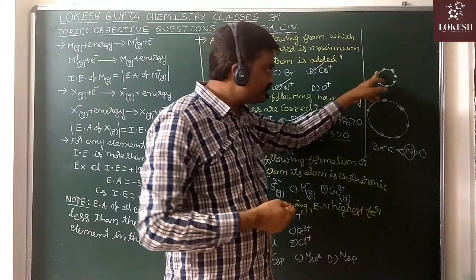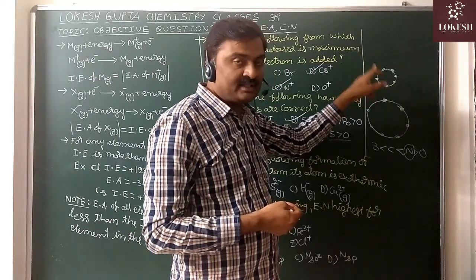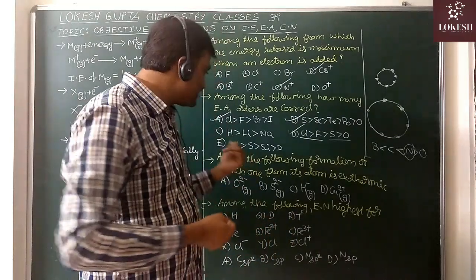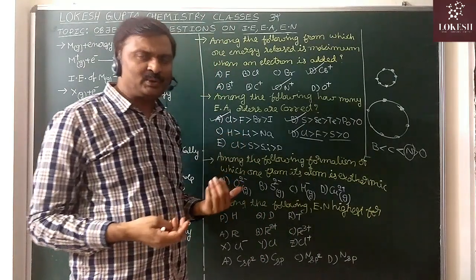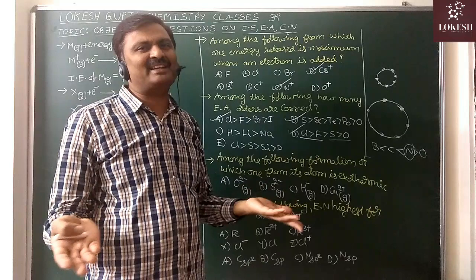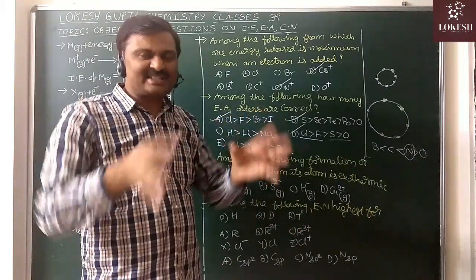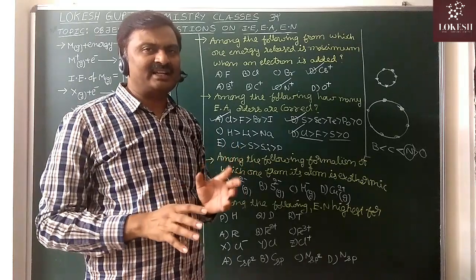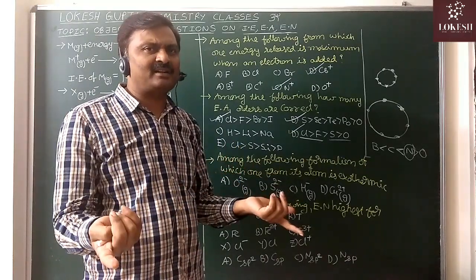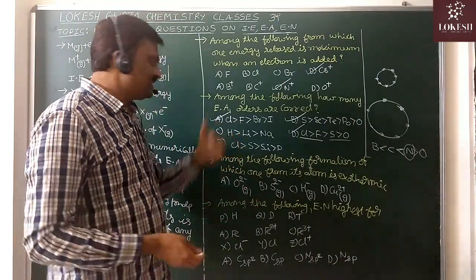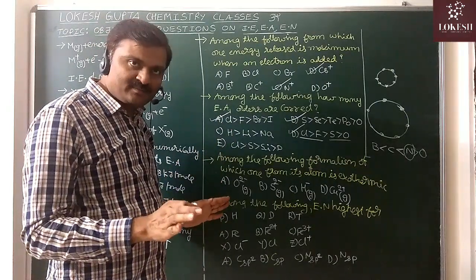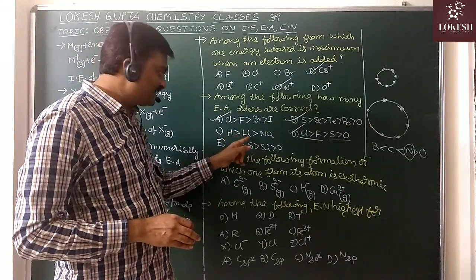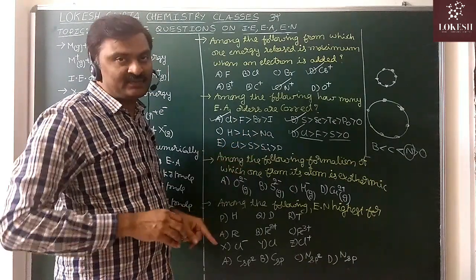So finally energy released is less for fluorine than that of chlorine. But see, in case of 1A group, in their valence shell, there is only one electron. So this electron density is not affecting a lot, only 1 electron. That's why in this 1A group, there is no exception. Electron affinity of hydrogen is more than that of lithium, lithium more than that of sodium.